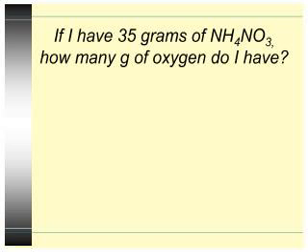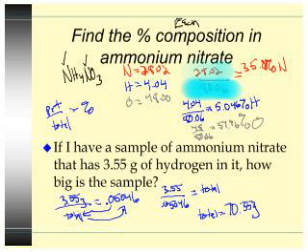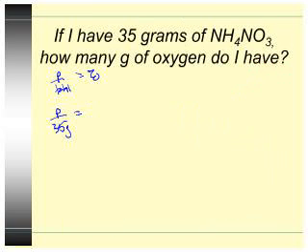Next slide, please. If I have 35 grams of NH4NO3, how many grams of oxygen would I have? So again, it's going to be part over total equals percent. So my part is what I'm solving for. My total was 35 grams. And I've forgotten my percent of oxygen, so I'm going to go back and look. 59.96 is my percent of oxygen.